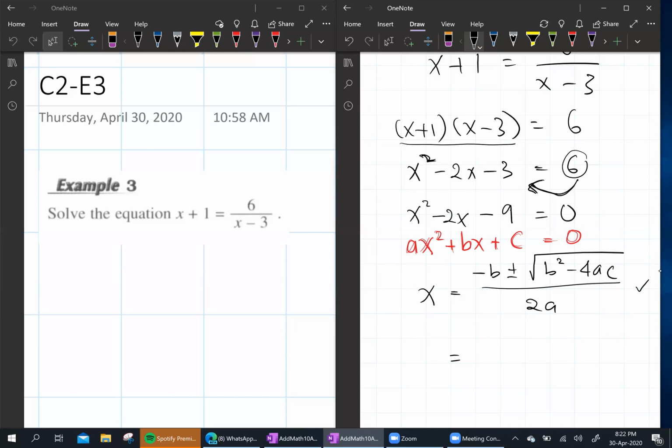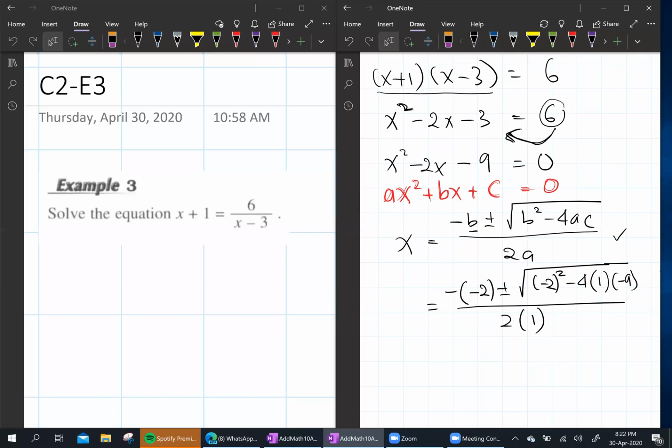Okay, so you want to insert b first, all right? So it's minus minus 2, isn't it? Yes. Okay, plus minus root minus 2 squared minus 4 times 1 times minus 9, over 2 times 1.